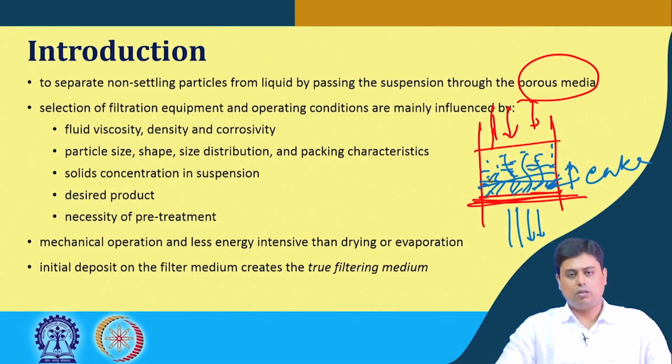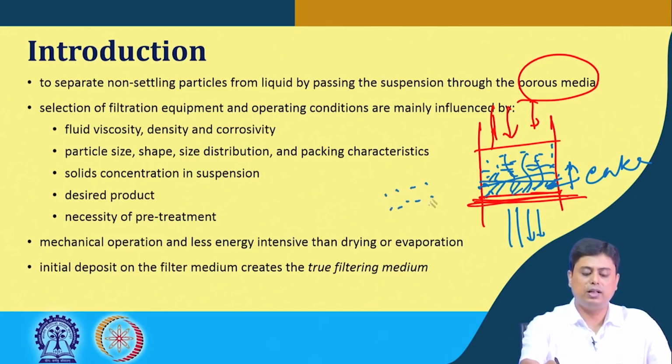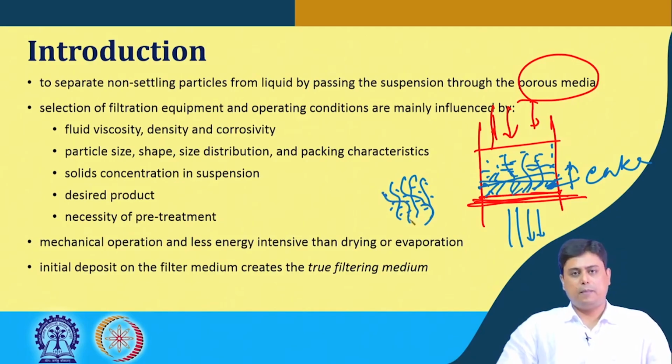For a constant pressure drop, a lesser amount of flow will happen through the tortuous path of these solid particles, the porous media. We have seen this in earlier classes, that through the different tortuous paths the fluid flow will happen.